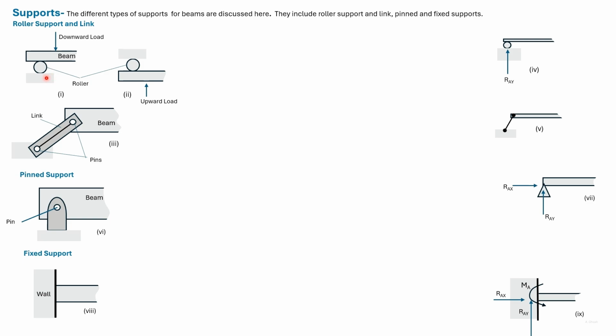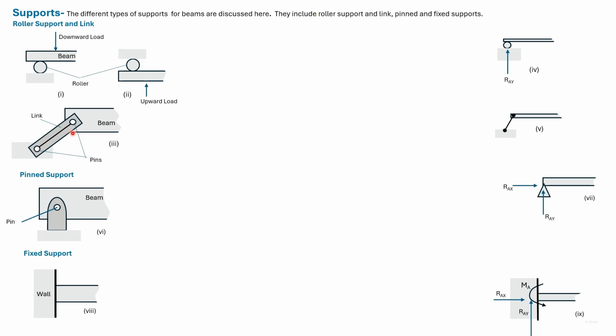A roller support is used for a downward load, so it will provide an upward reaction, or an upward load where you can provide a downward reaction. It can also be used in a beam that is inclined with a transverse force, and the roller support will provide a reaction perpendicular to the axis of the beam.